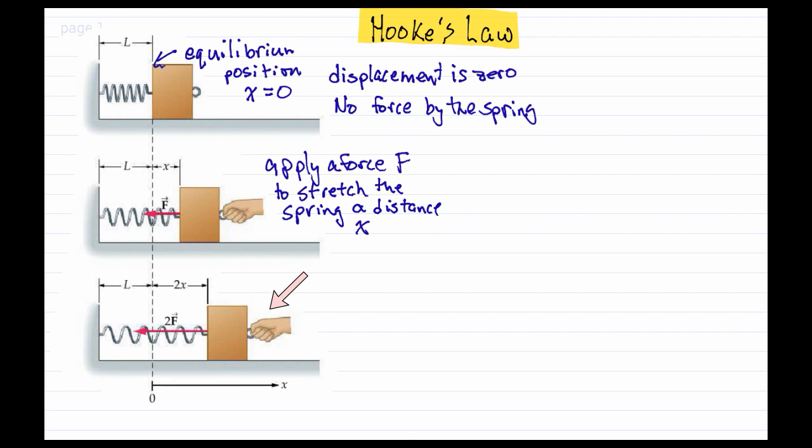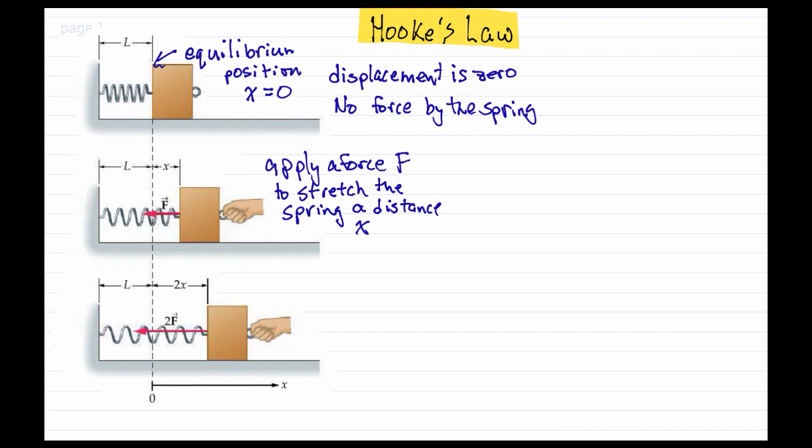And for this third diagram, we have to apply a 2F force to the right, while the spring is exerting a 2F force to the left. And that force is the result of us pulling back the spring a distance of 2x.